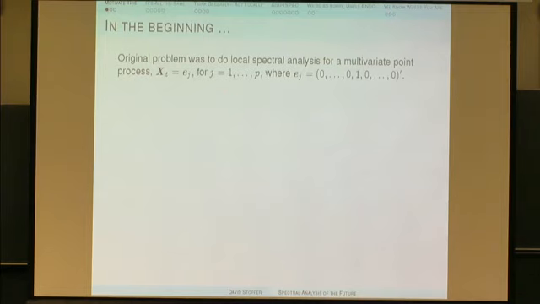So the process X_t takes values in an indicator vector, and you observe these over time or over space, and then there's some correlation structure, and you're interested in basically the cyclic behavior of these things. So in the stationary case, I was able to come up with some satisfactory results.